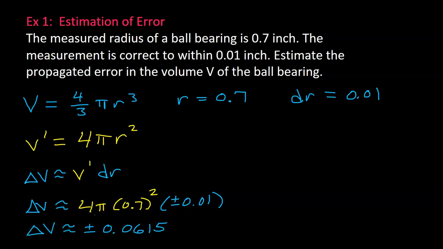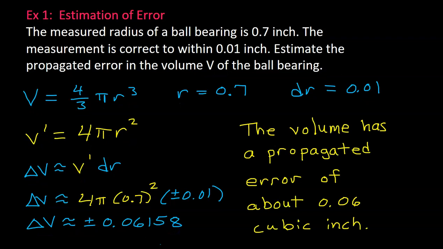So put that in your calculator, and we have the propagated error in volume is plus or minus 0.06158. So we could say that the volume has a propagated error of about 0.06 cubic inches.